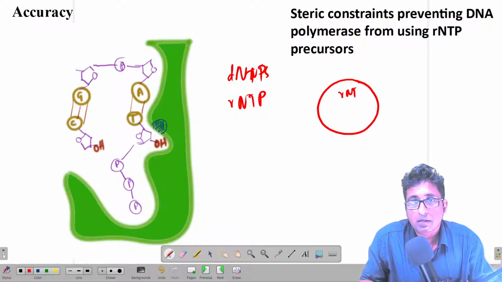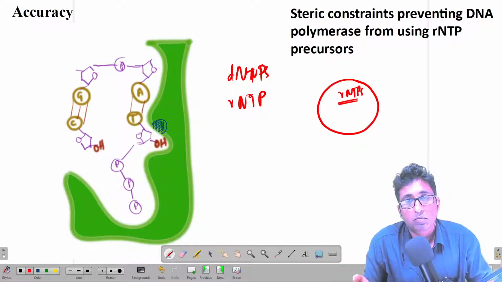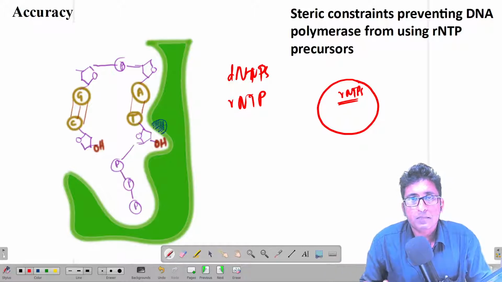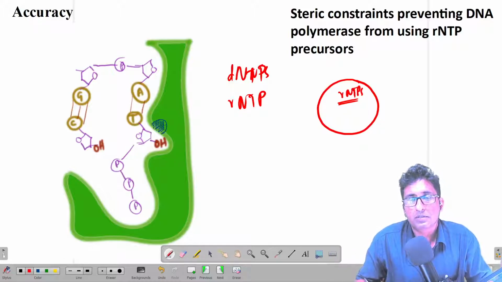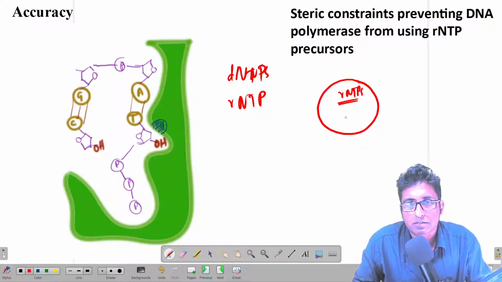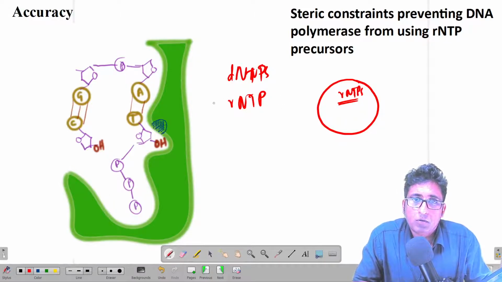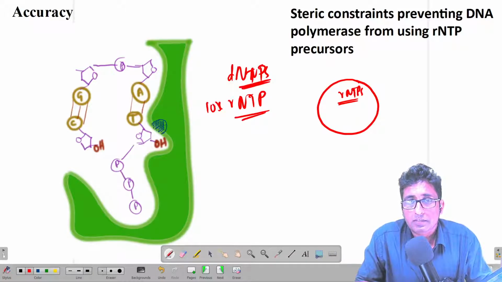Transcription is happening many more times than replication. In a cell cycle, replication would happen once, but transcription continuously happens, although not of the complete genome, the majority of the genes are expressed. So there are about 10 times more rNTPs compared to dNTPs.